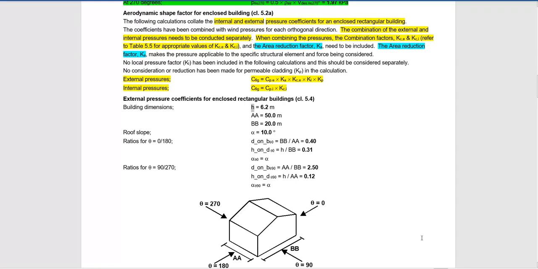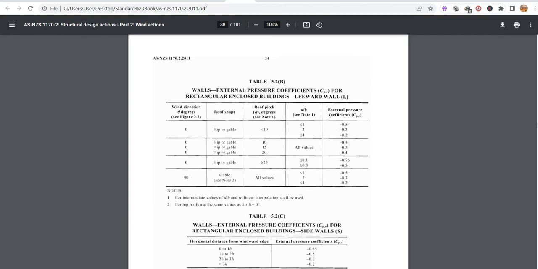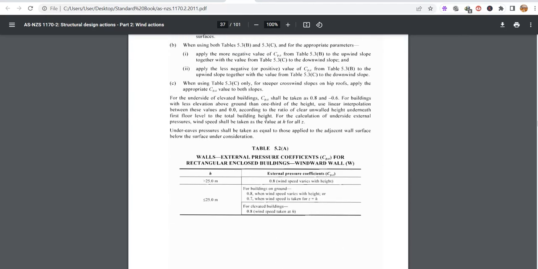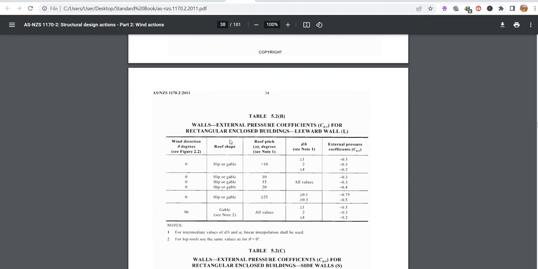If you can see it here, that's the slope of the roof, 10 degrees, and these are the ratios. If you go to the code, you see it here. For the external pressure Cpe, rectangular enclosed building, the ratio of D over B is less than 1. Then for roof shape, we have hip or gable roof.